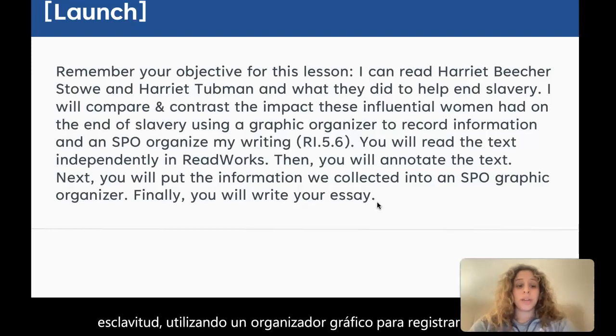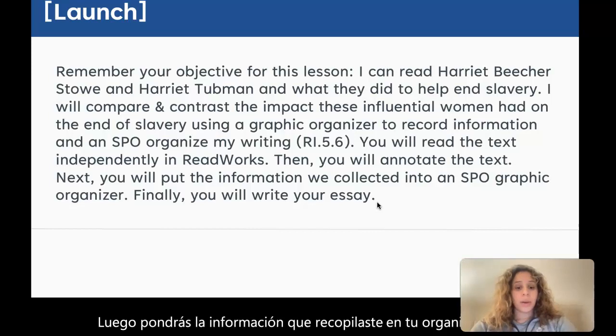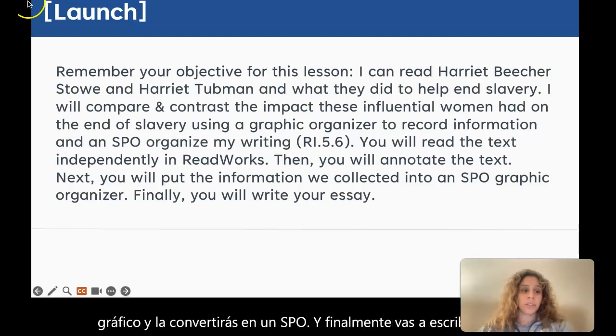Again, you're going to read the text independently on ReadWorks or with a hard copy. Then you will annotate the text. Then you're going to put the information that you collected in your graphic organizer and convert that into an SPO. And finally, you're going to write your essay or answer the writing prompt in the mastery check.